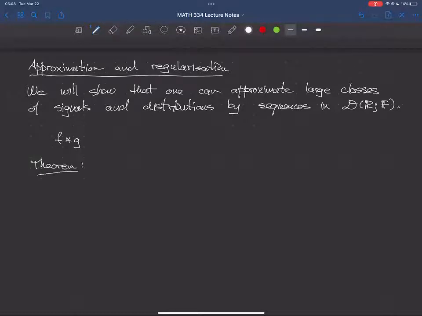Okay, and the condition is going to be this. So let f and g be measurable and satisfy the following.